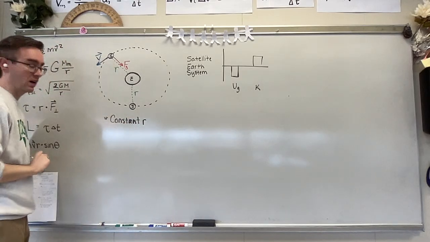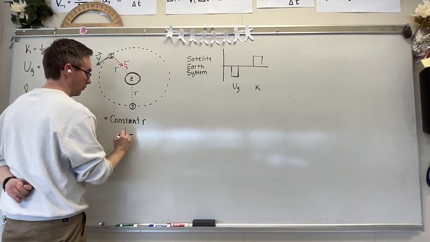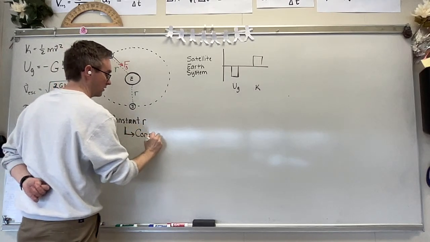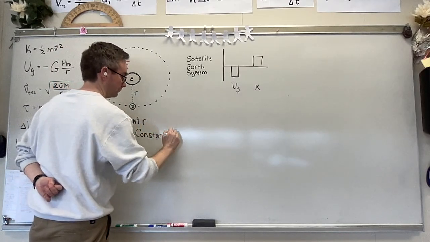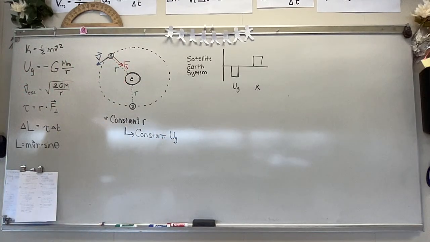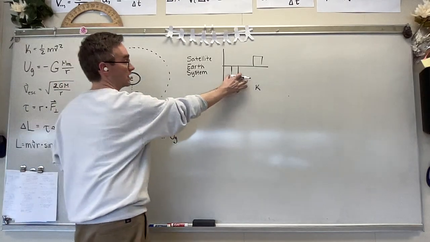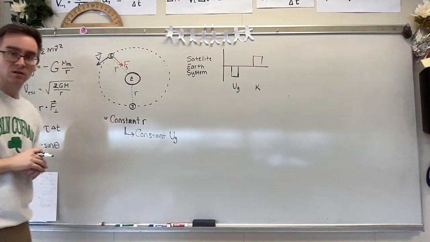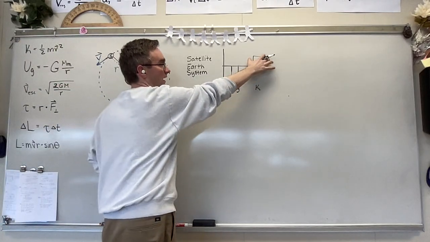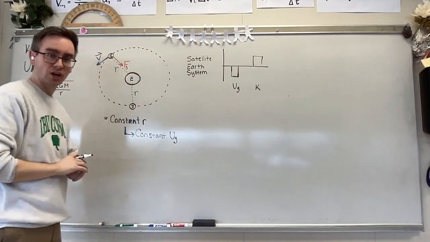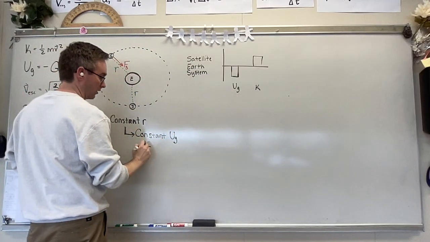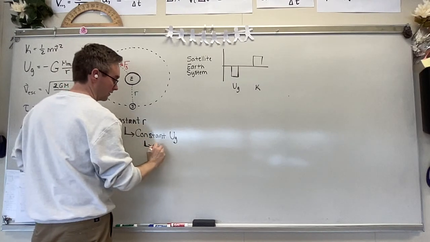Because we have that constant value, we know that we are going to have a constant gravitational potential energy, which means this is not going to change. If this is not going to change, then that means that kinetic energy is not going to change, right? Because of that, we're going to have a constant kinetic energy.